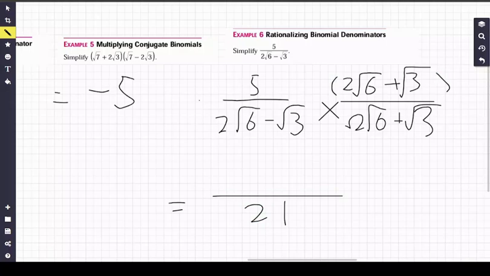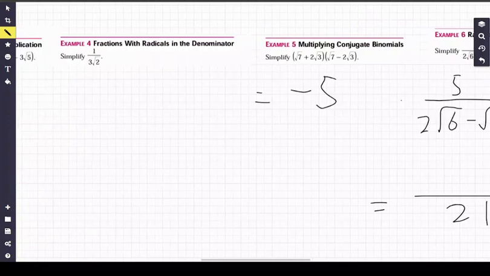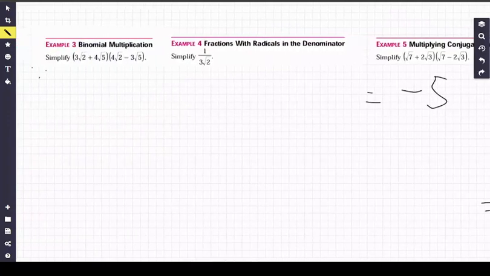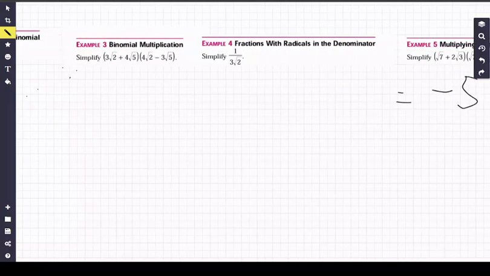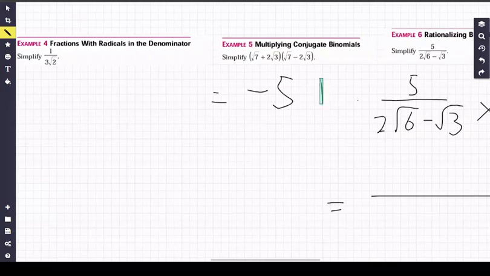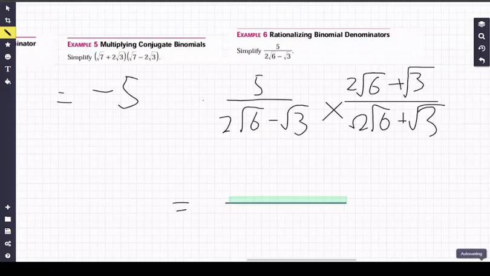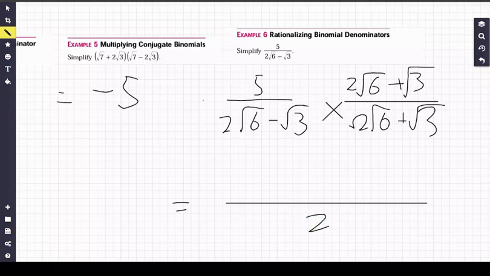So now the entire lesson actually leads up to this point where we're going to try to rationalize it. We learned how to multiply a radical binomial, and we learned about rationalizing. We learned about conjugates. And finally, it all leads up to this moment. So on the bottom we have 21.